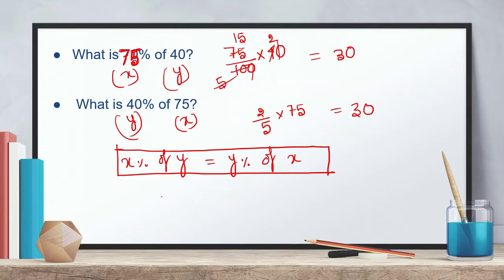So let's find 12 whole 1 by 2 percentage of 64 and 64 percentage of 12 whole 1 by 2. Find the answer. How can we solve it?